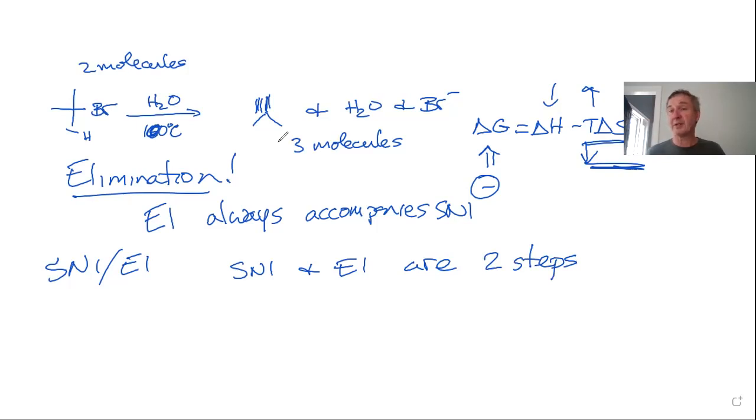The question is, and it's temperature dependent typically, does it substitute in this case, water on and make the alcohol? Or does it eliminate the bromide? Or does the bromide leave and does it become an alkene? So what I'm saying is, let's look at our first simple example.